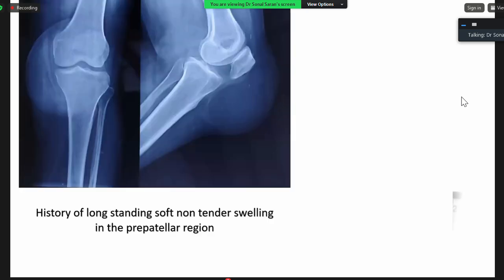Next case. So what do we see here? There is a history of long-standing soft, non-tender swelling in the prepatellar region, and we have a radiograph. We'll look at the density of the lesion.